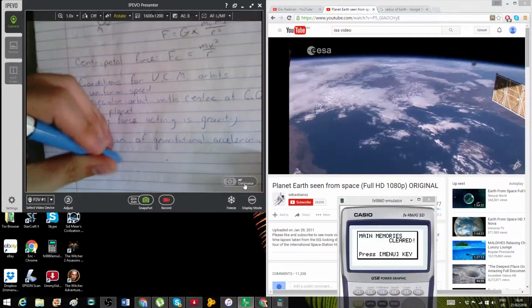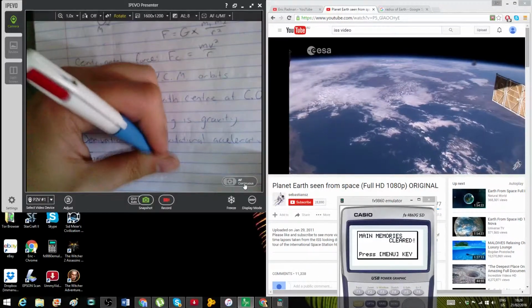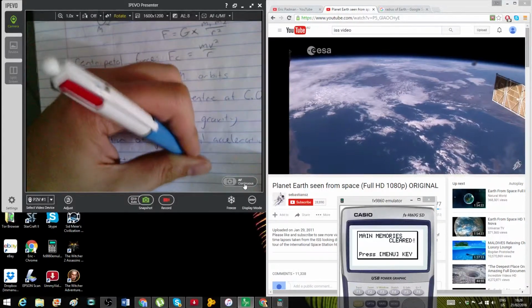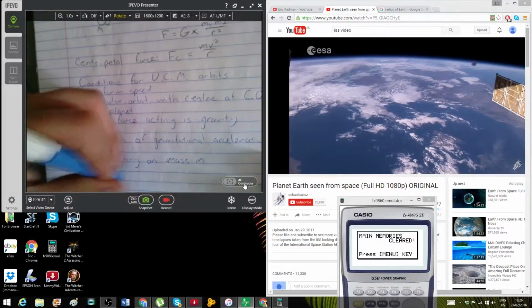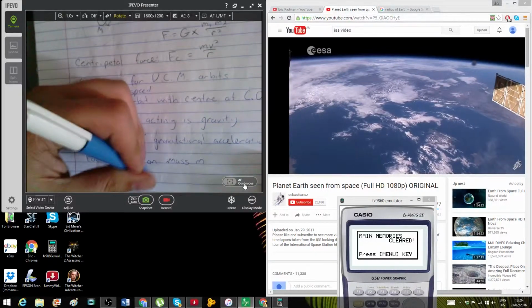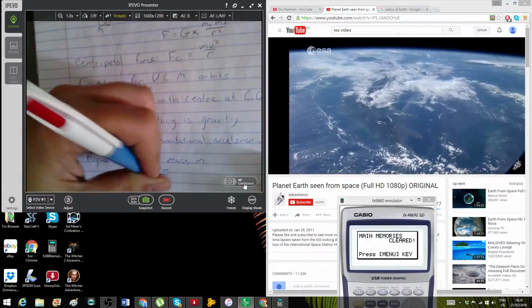Now the force acting on mass little m is F equals G times big mass, little mass over r squared.